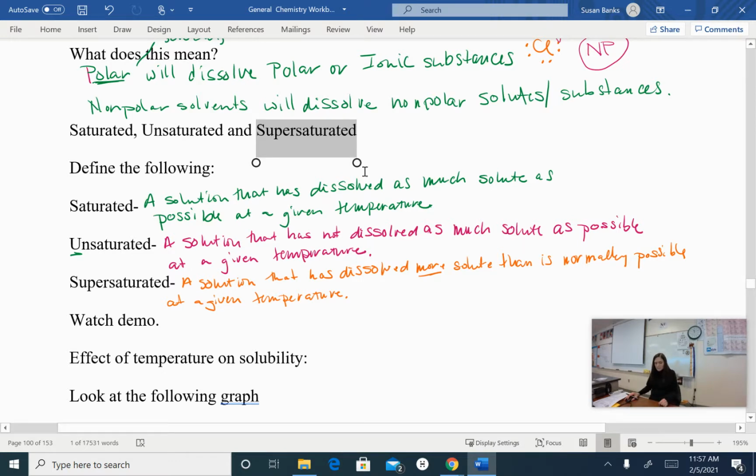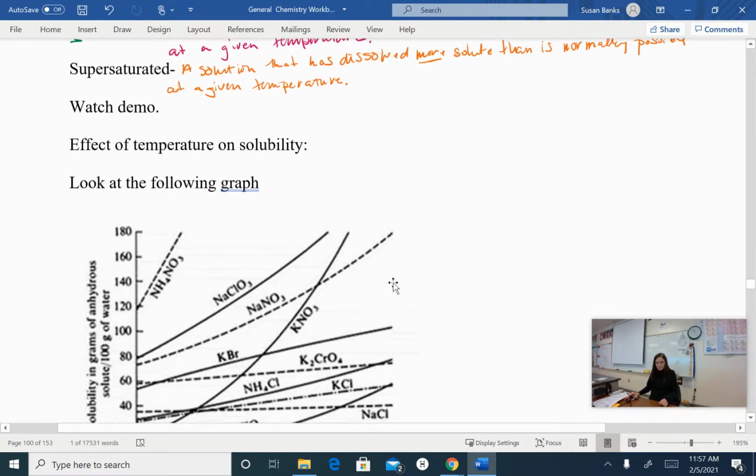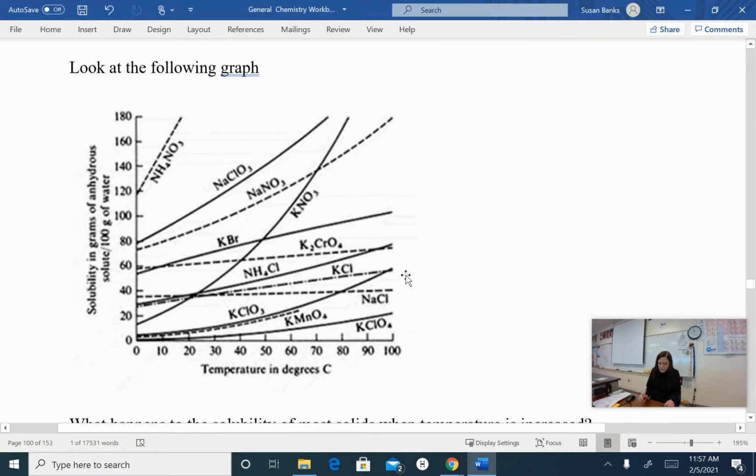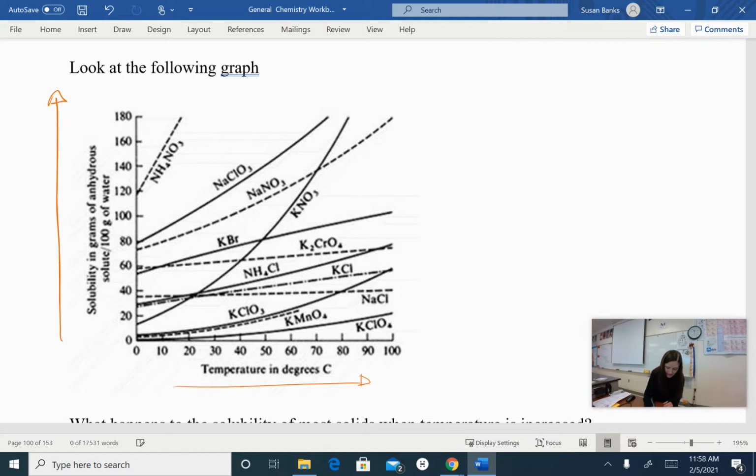Okay, we're going to look at the effect of temperature on solubility. So let's look at this graph here really quick. Here on the x-axis, we have temperature. And notice that the temperature as we travel from left to right is going up. And on the y-axis, it is the number of grams per 100 grams of water that I can dissolve. This is the solubility line.